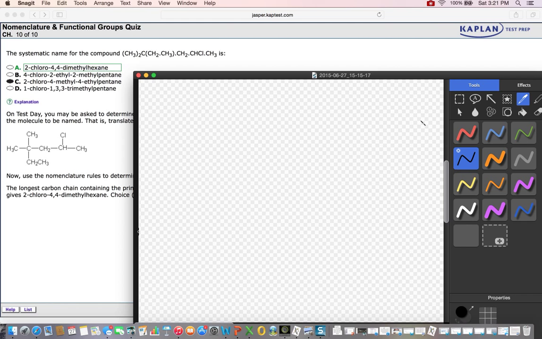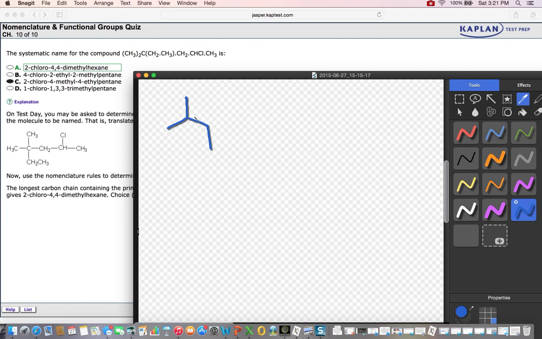And for the last one, we're going to actually solve a problem that was poorly written. This is not a professionally condensed structure, so we'll do our best to interpret it. We have a terminal isopropyl group, and then I guess an ethyl group.